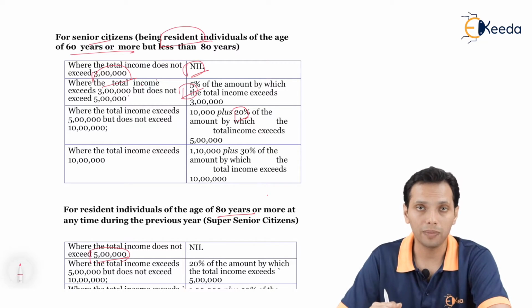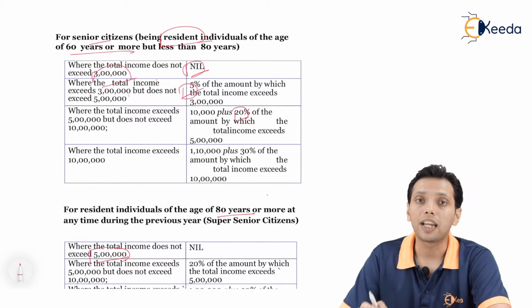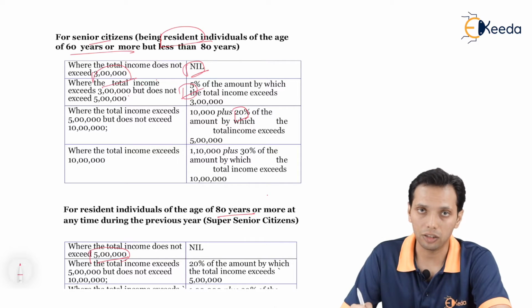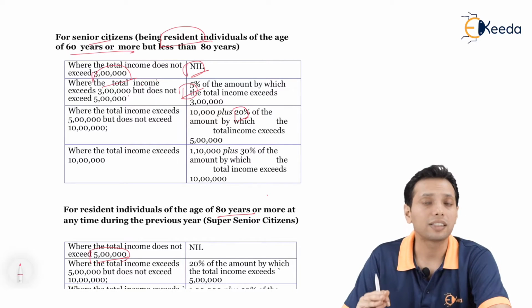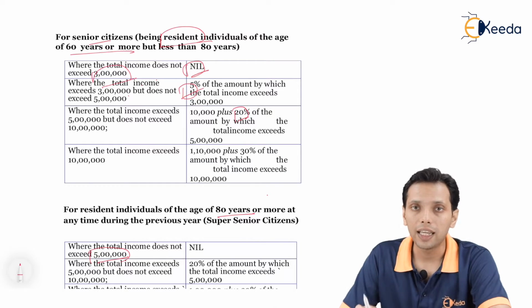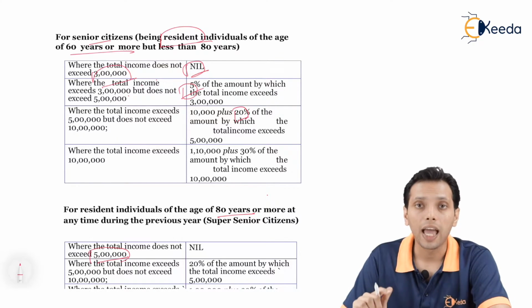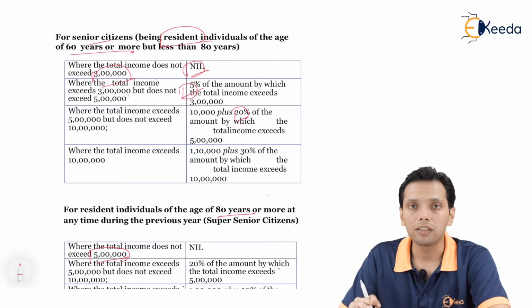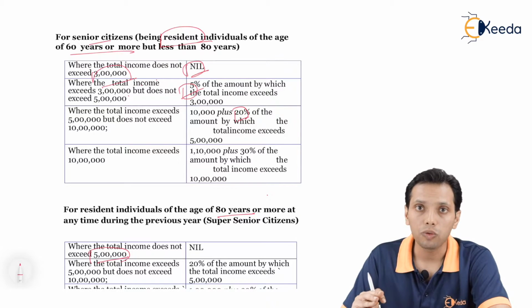For resident senior citizens whose age is 60 years or more, the slab rate starts from 3 lakhs, and for the residual category, the slab rate starts from 2.5 lakh.